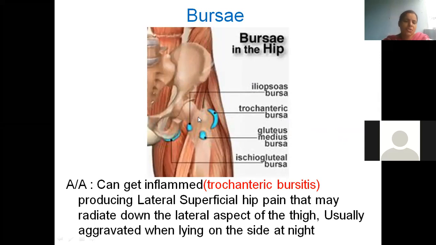At the insertion of gluteus maximus at gluteal tuberosity, okay, there also we have a bursa. At the medius also we have a bursa, okay, and ischiogluteal bursa between the ischium and the gluteal region. So these are the bursae. So we know like all these bursae are actually giving the lubrication around the hip joint. That means wherever friction is more around hip joint, these bursae will give lubrication. Okay.